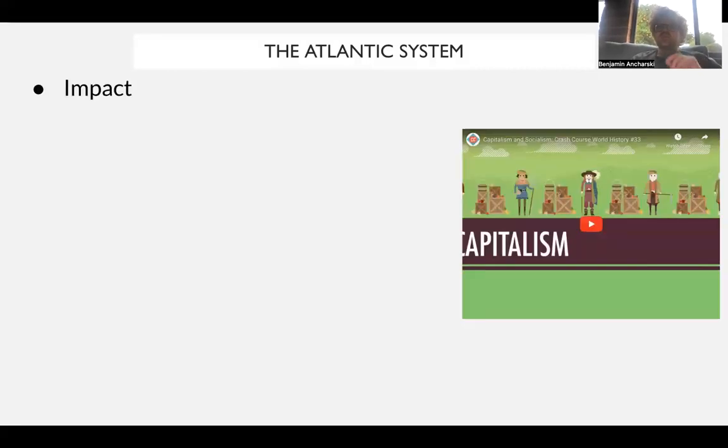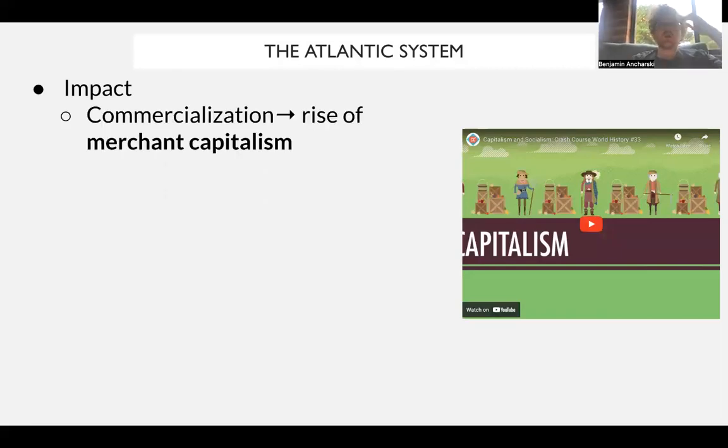But what is the impact of the Atlantic system? We're going to look at its impact in regards to North America and the African states, but let's look at its general impact. Well, for one thing, the Atlantic system and this triangle trade, one of the big results is going to be the further commercialization of the European economy.